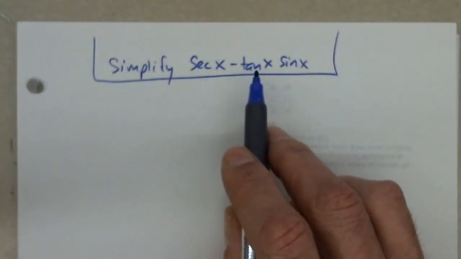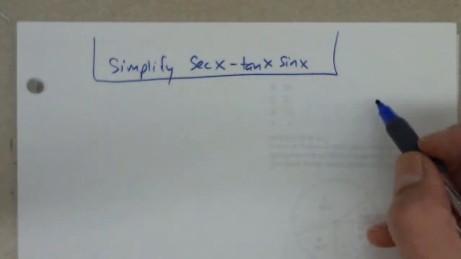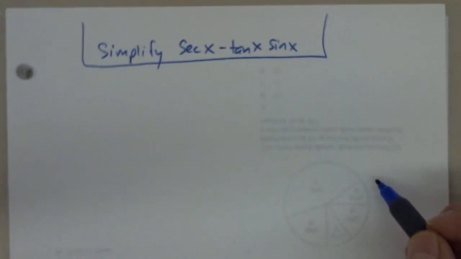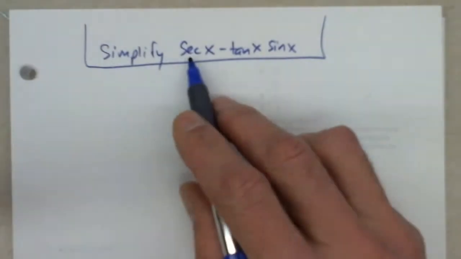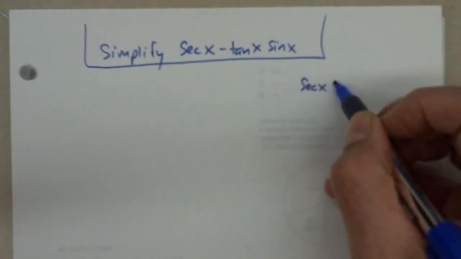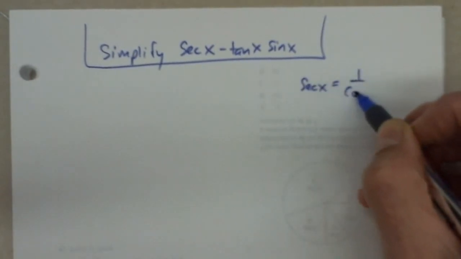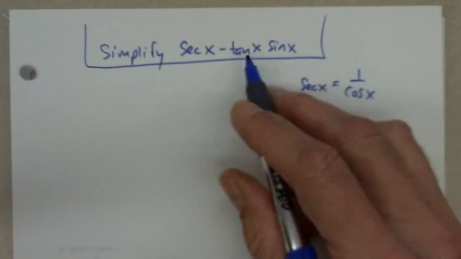Secant x minus tan x times sine x. Make a list of possible identities and then try to simplify. Pause the video and try that one. So if we see secant, we want to consider that.